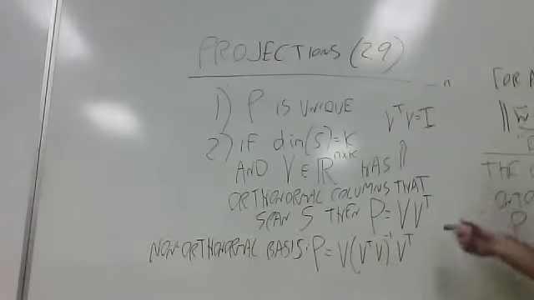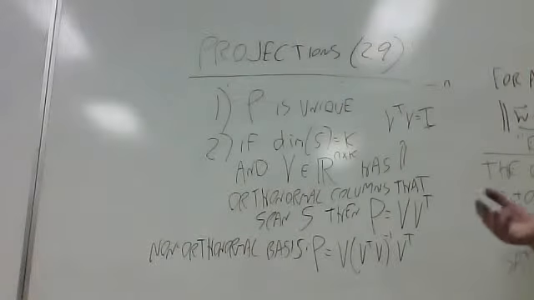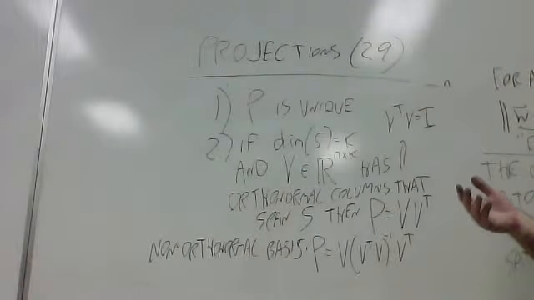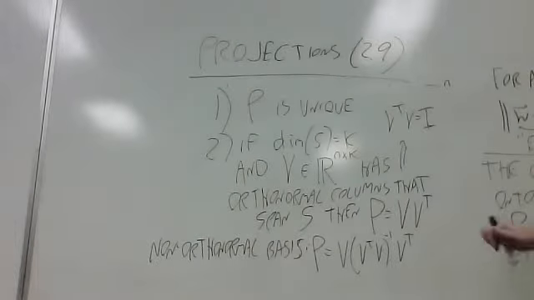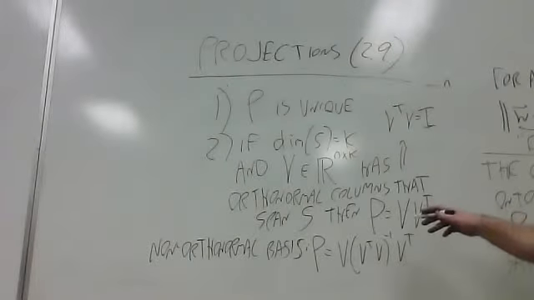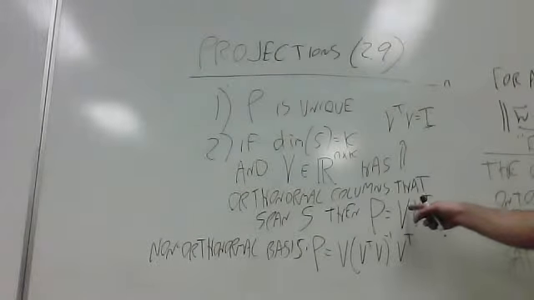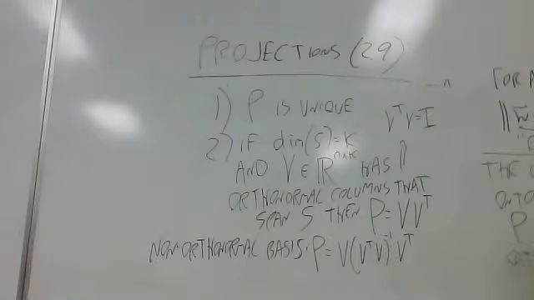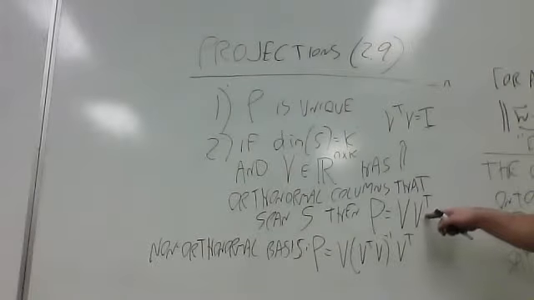To see why the projection is unique, you can have infinitely many orthonormal bases, but you only have one projection. And the reason why is, suppose I change from this orthonormal basis V to a different orthonormal basis. Well, the only way I can do that is by multiplying V on the right by an orthogonal matrix. So I'd have something like VQ times Q transpose V transpose.